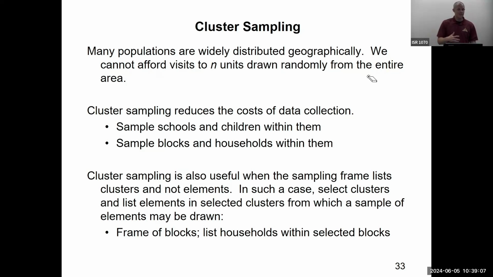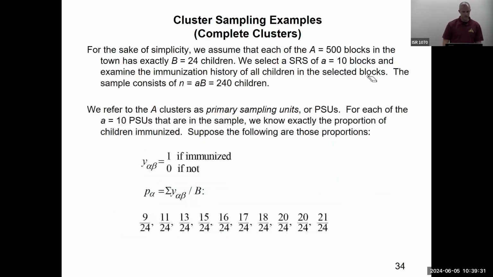So sometimes it's a necessity to draw cluster sampling. It's not even a cost-saving issue. It's all we have to work with. Okay? So that's often a reason cluster samples are selected as well. So you might have a sampling frame of blocks or neighborhoods. You could draw a random sample of blocks and then list the households within those sampled neighborhoods and select the households that you want to work with. Okay? So primary reasons to do cluster sampling.